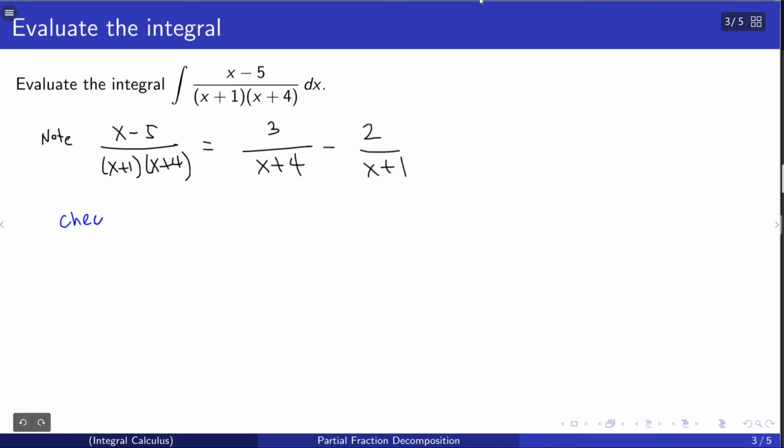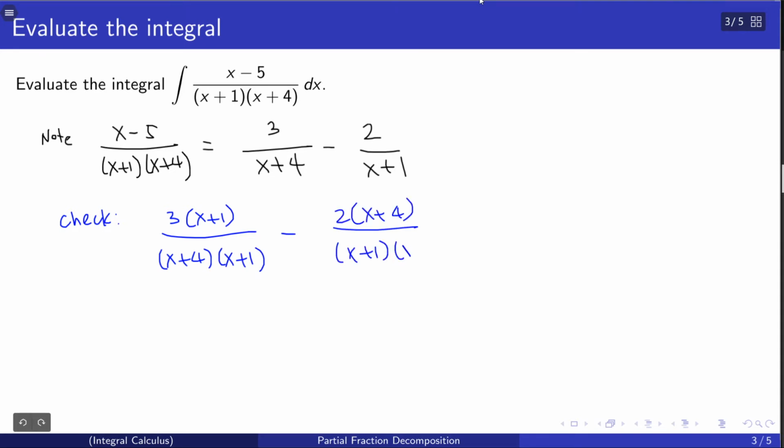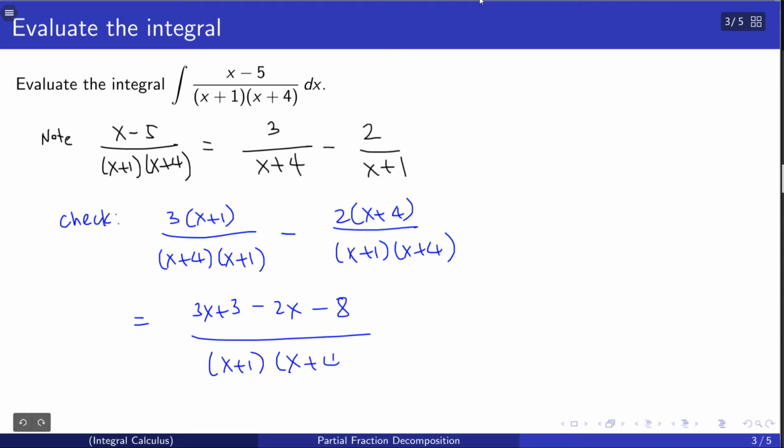Right, and we can check this. Writing your common denominator, (x + 4)(x + 1), using your LCD, the top is now 3x + 3 − 2x − 8 all over the denominator we want. And you can check this is x − 5.